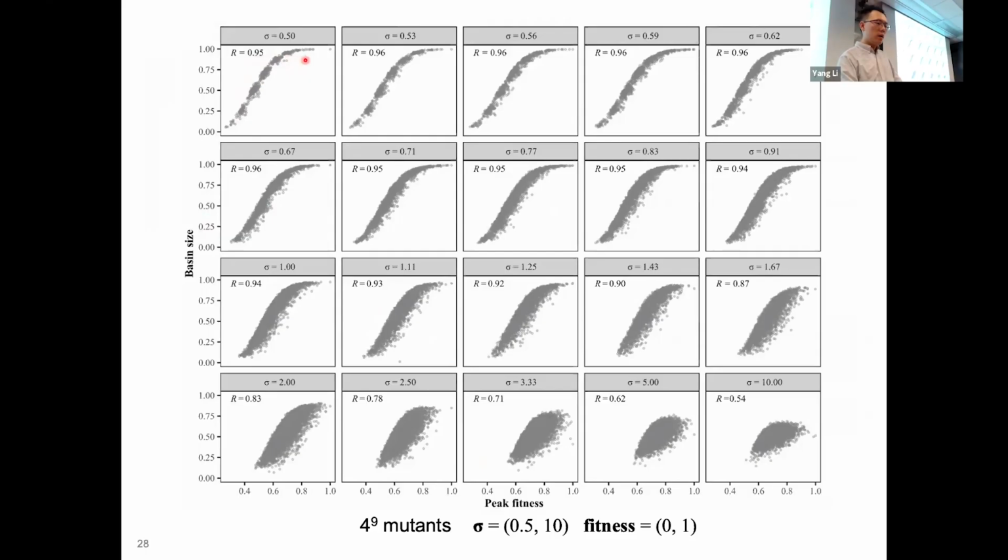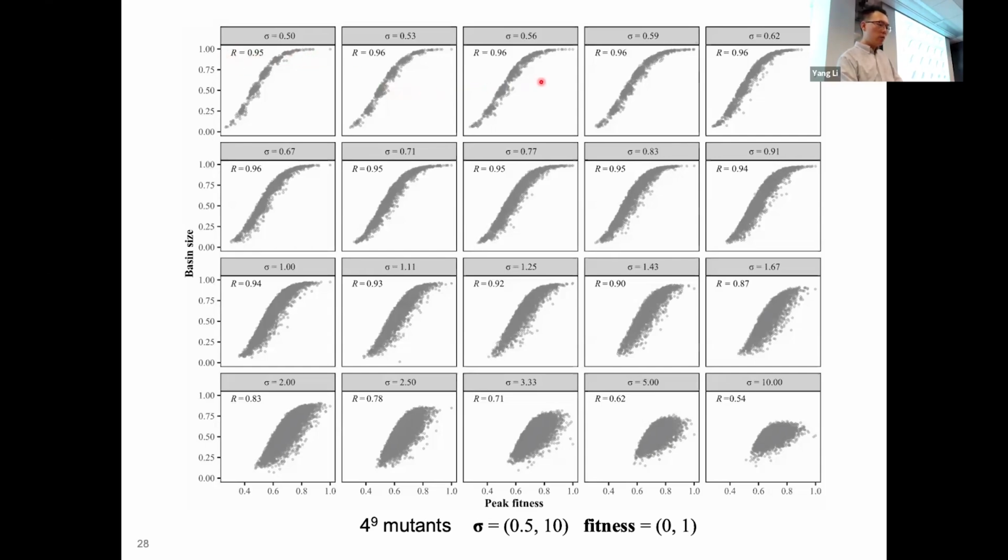For the global optimum, the basin size is close to 1. That means, except for the other peaks, a lot of the genotypes can reach the global optimum by adaptive walk. They are close to 1.